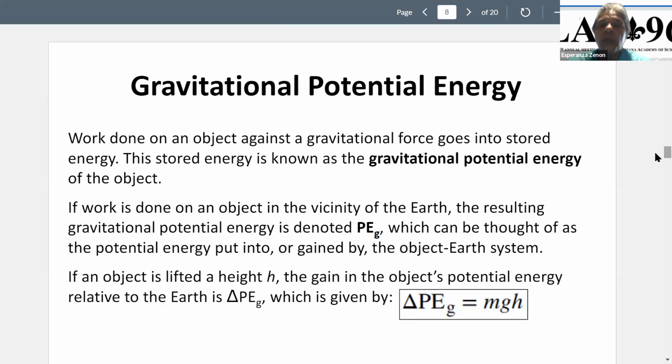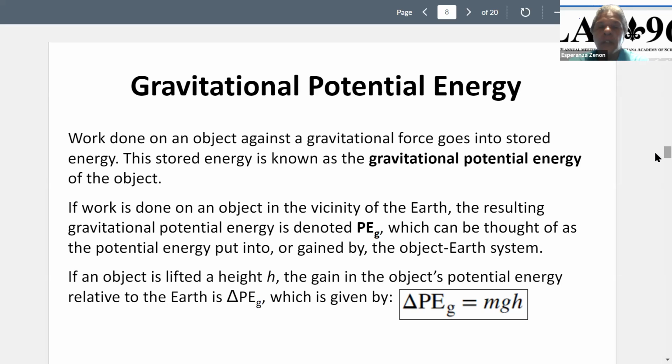So here, an object is gaining energy just by being lifted up higher and storing energy, because of the gravitational field, right? So how do we find gravitational potential energy? mgh. That little subscript g tells us gravitational potential energy, and it's reminding us that we're dealing with little g, which is location specific, right?